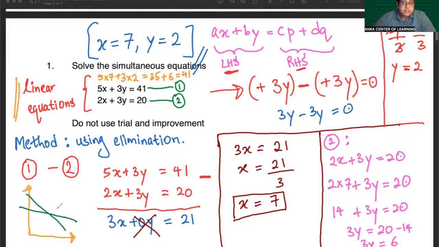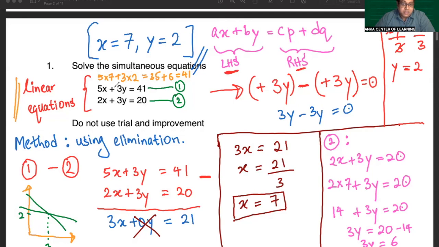So these values of x equals 7 and y equals 2 are the points of intersection. So this is 7, and this would be 2. You need to understand, if you consider it in terms of a graph, what x equals 7 and y equals 2 mean is the point of intersection of these two lines.